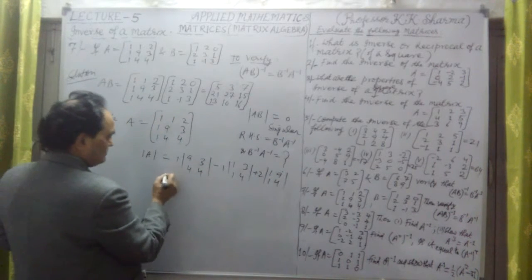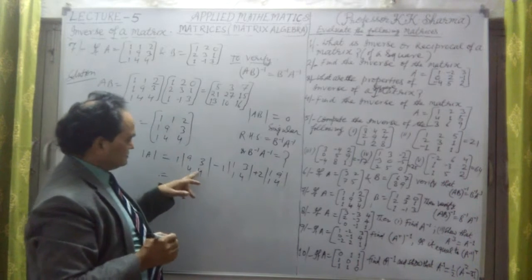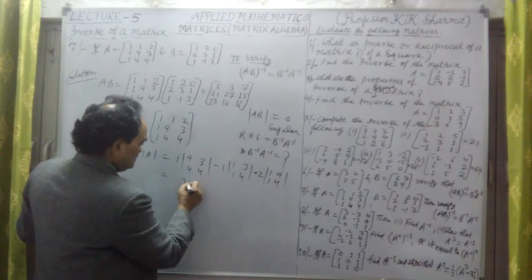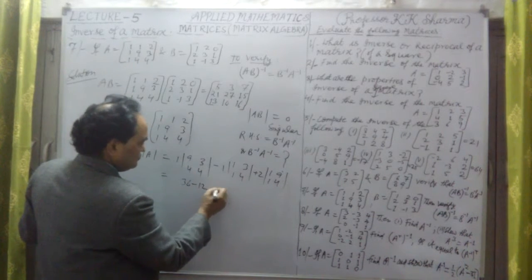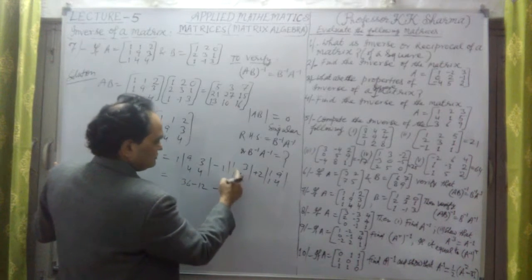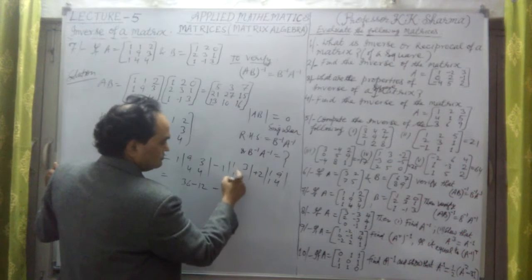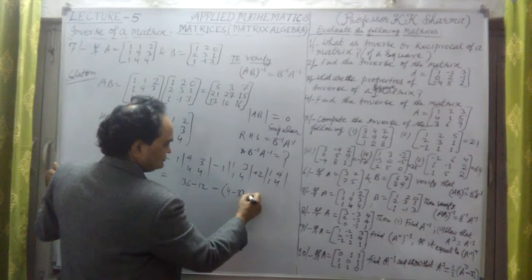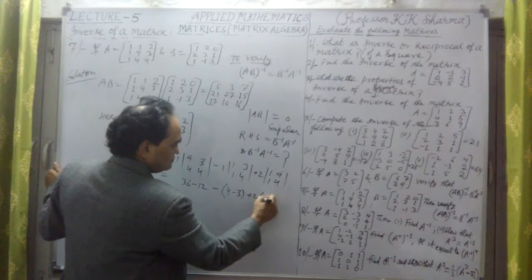Okay, now let me find out the value of the determinant. 9, 3, 9, 4 is 36. 36 minus 12. Okay, minus 1 into, let me calculate this. This is 4 into 4 minus 3. Plus 2 into 4 minus 9.